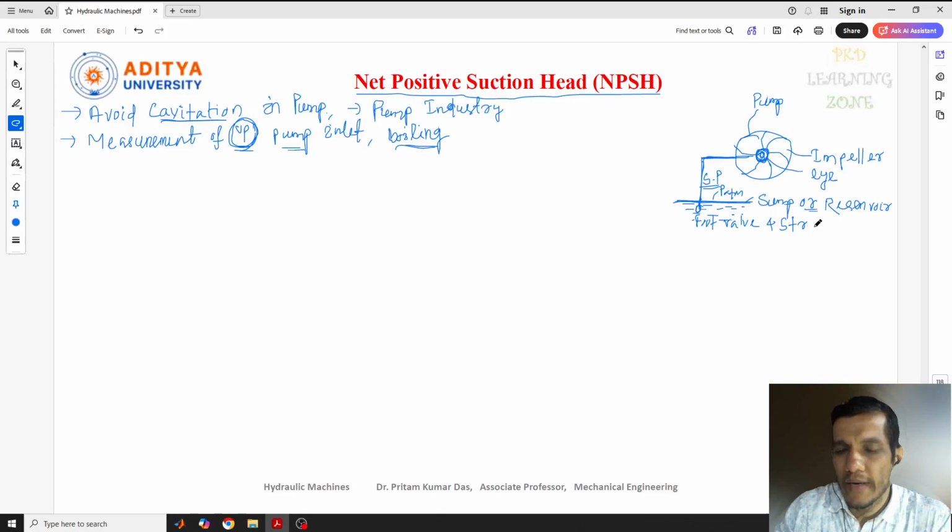The foot valve and strainer are both connected at the end of this pipe, so that the water is strained and no foreign objects can enter the pipe. So this is the suction pipe.